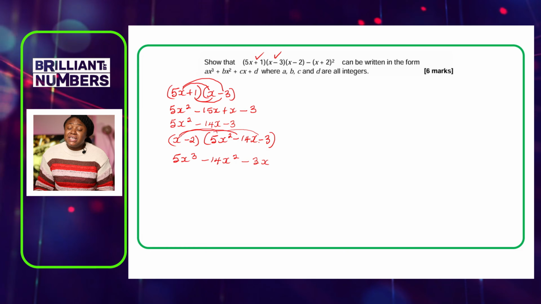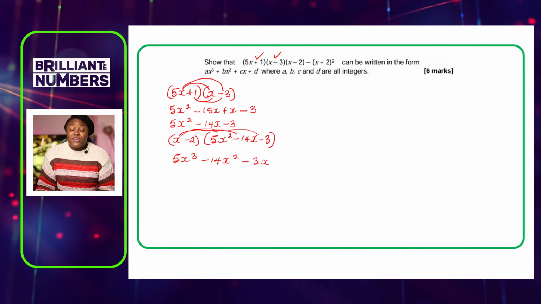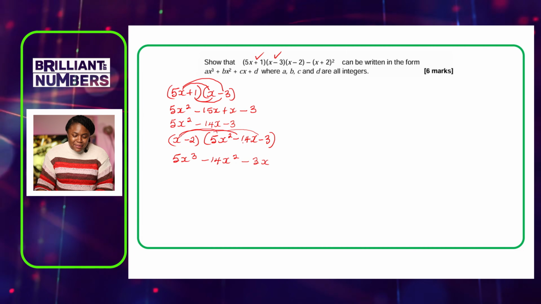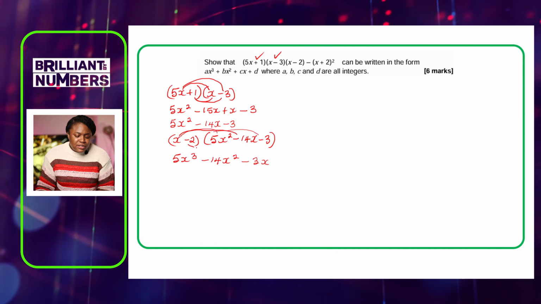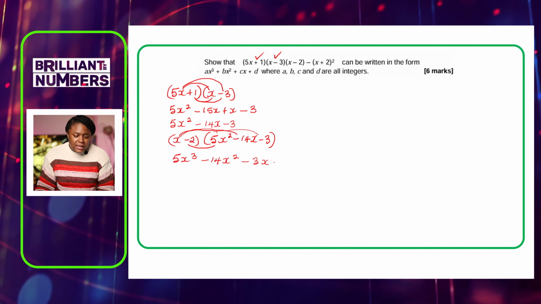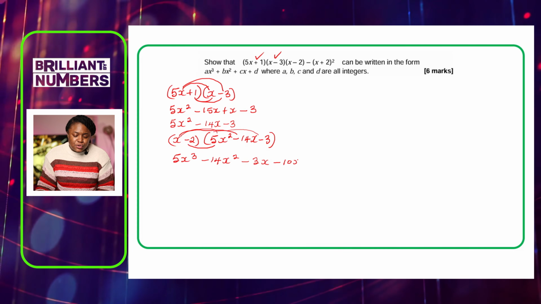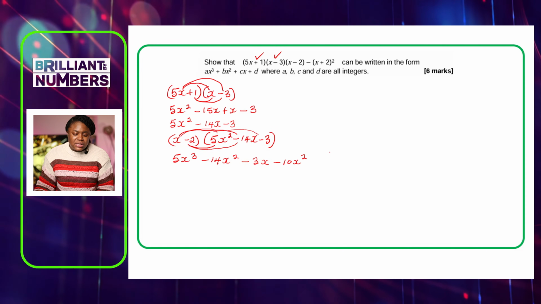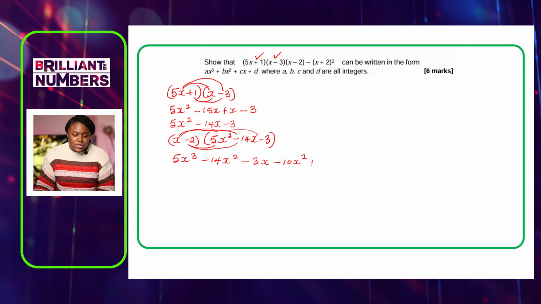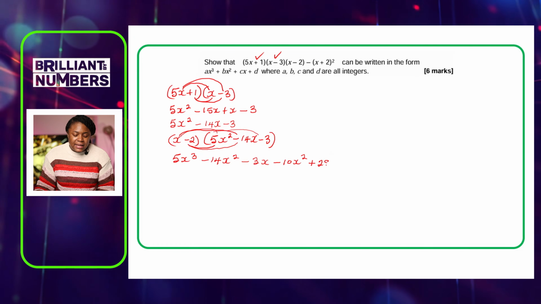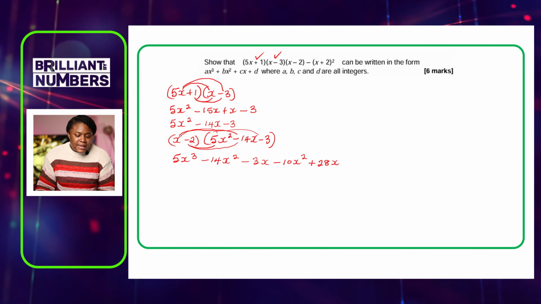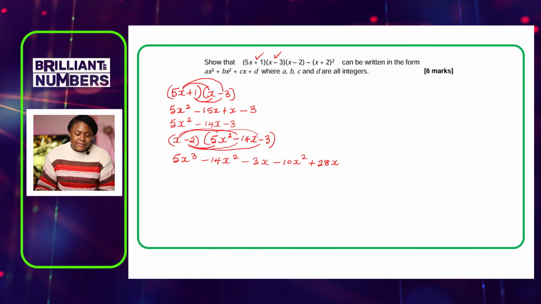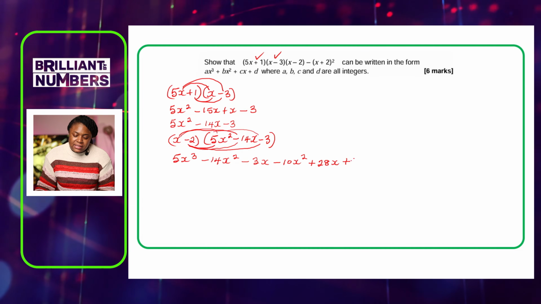We're finished using x now, so now we need to use the minus 2 to expand the bracket. Minus 2 times 5x squared is minus 10x squared. Minus 2 times minus 14x is positive 28x. Then negative 2 times negative 3 is positive 6.